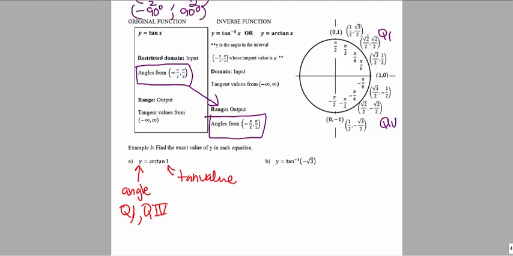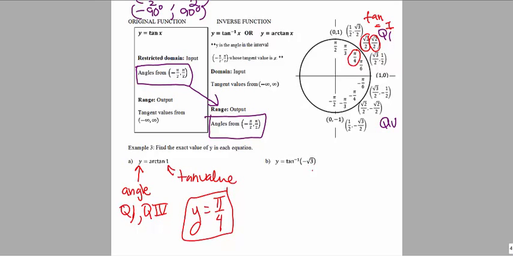And to find tangent, we divide y divided by x. And any number divided by itself would be 1. So this would end up with a tangent value of 1. And that angle would be that pi over 4 family. So the y value that we're looking for, that angle that we're looking for, would be pi over 4.